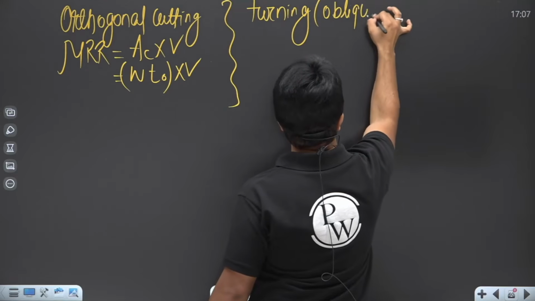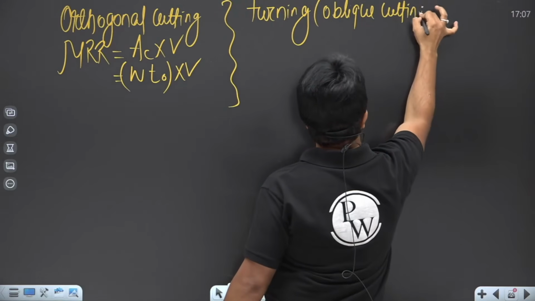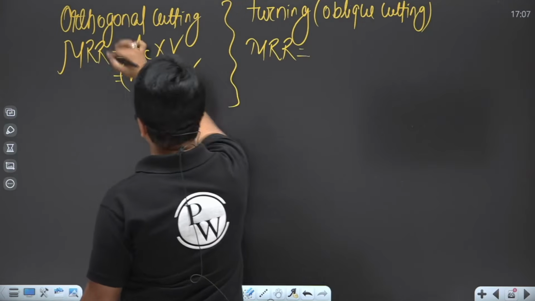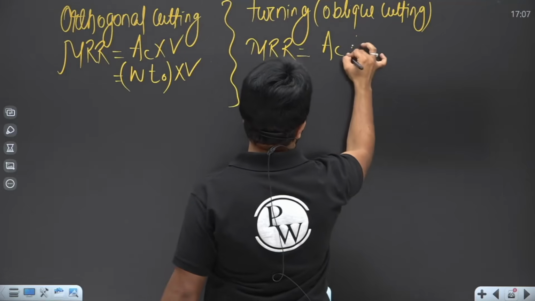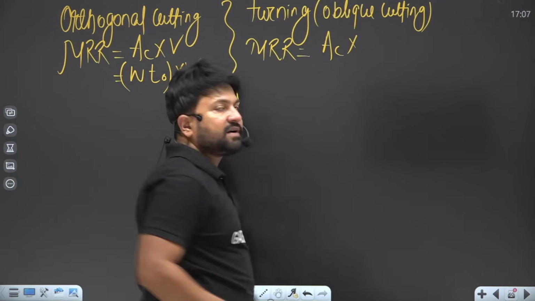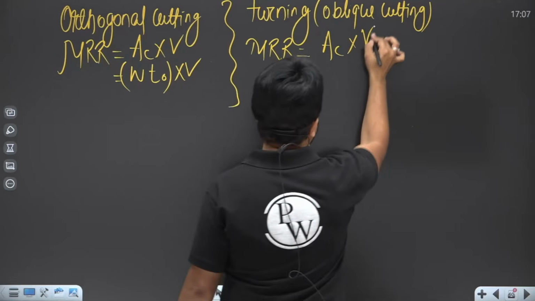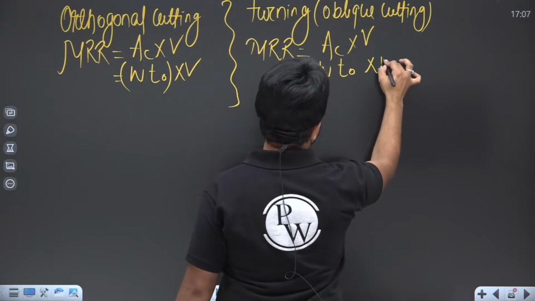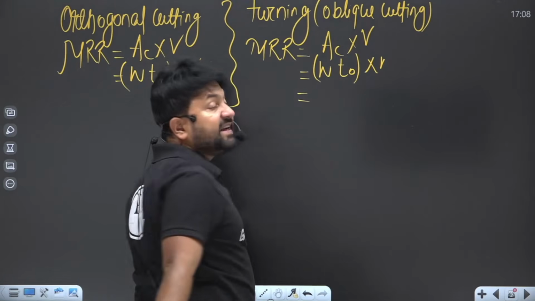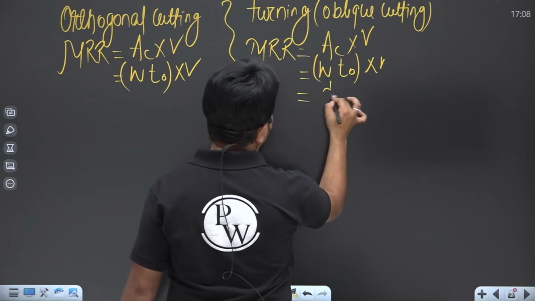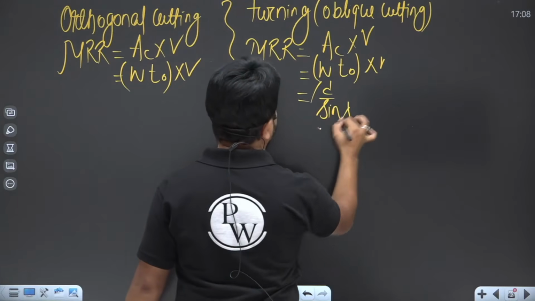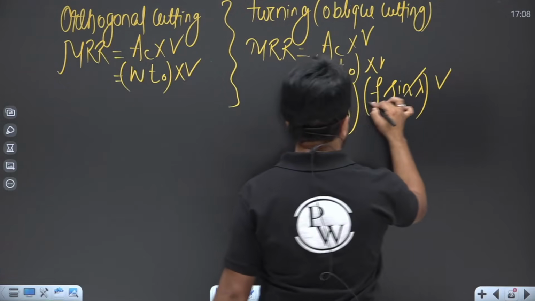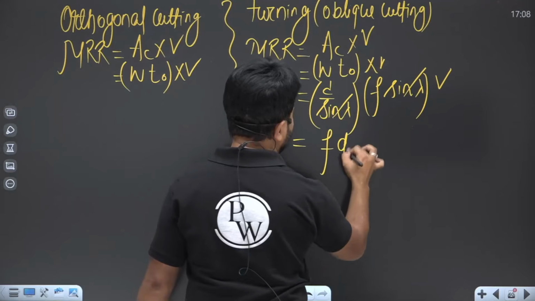In oblique cutting, you can find the MRR in a similar method: cutting cross-sectional area into velocity, AC equals W into T0, into V. But in turning, W is d by sine lambda, and T0 is f into sine lambda. So sine lambda cancels, and it comes f d V.